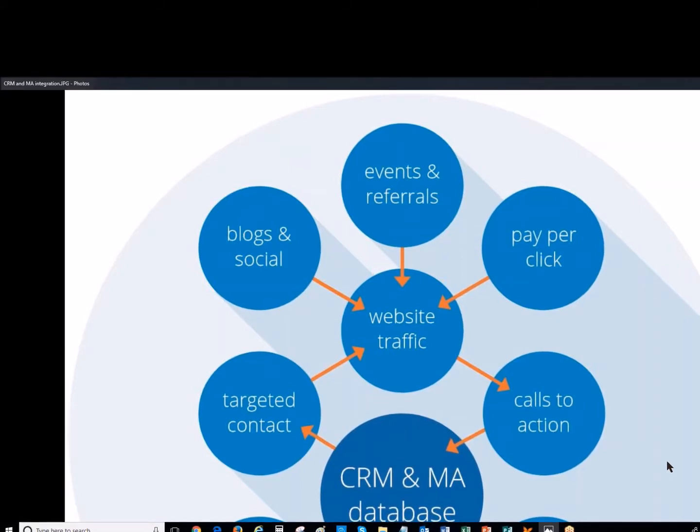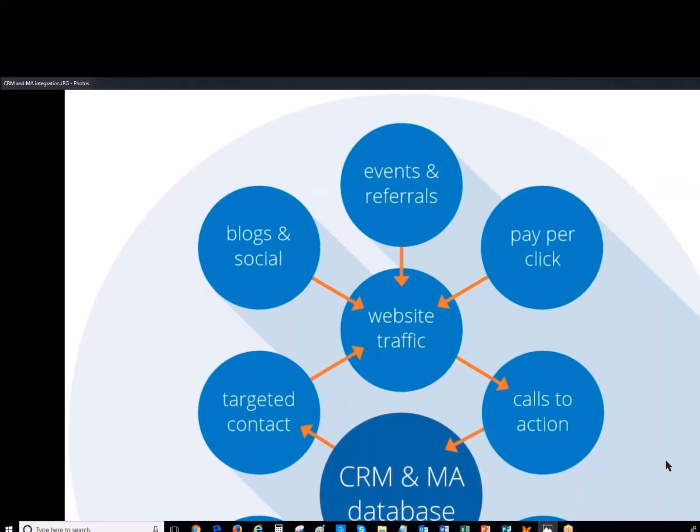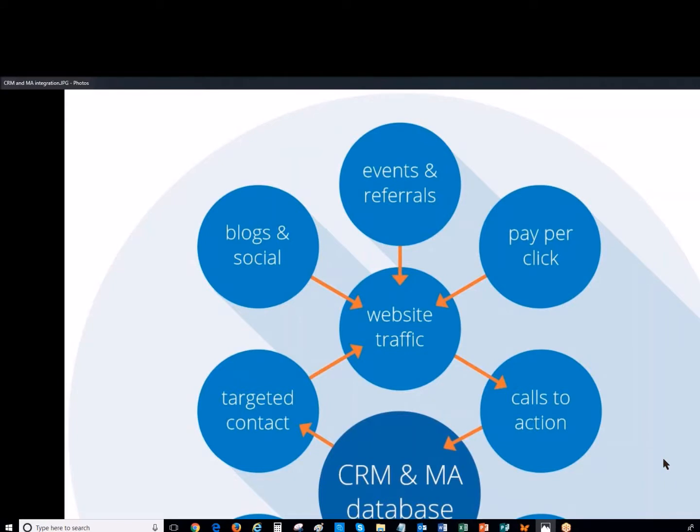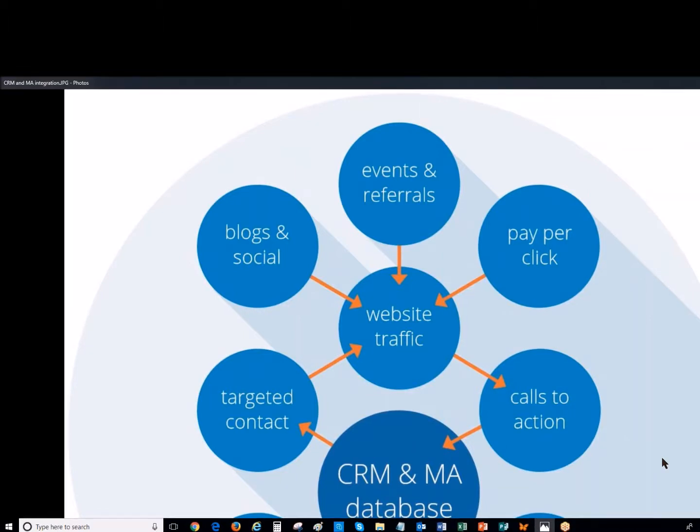If you're running more conventional activities in the form of events or seminars or breakfast briefings, or if you have a network of people who help you get referrals into your business, those too might involve registrations onto landing pages on your website, or referrals to other people that you've not yet ever spoken to onto your website so that they can explore and find out more about you.